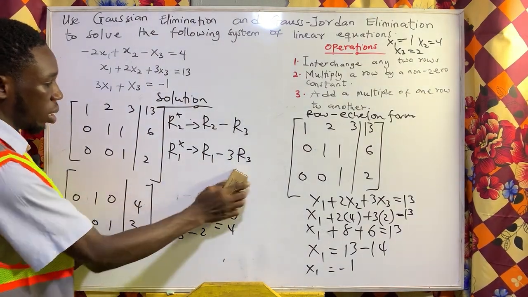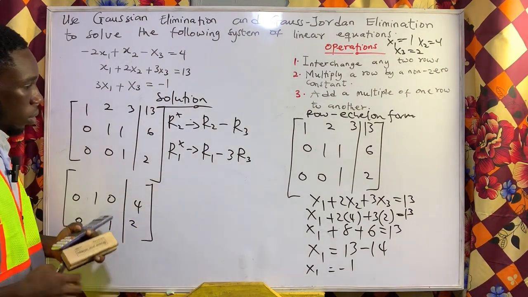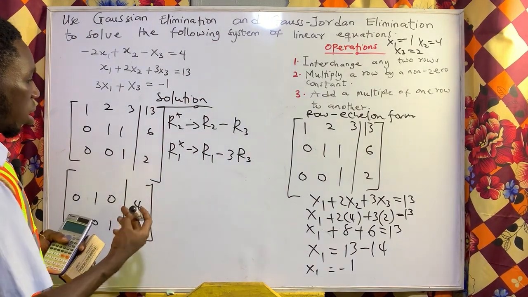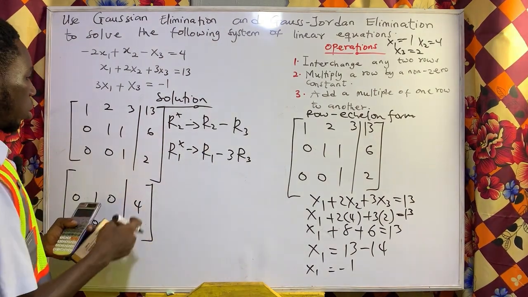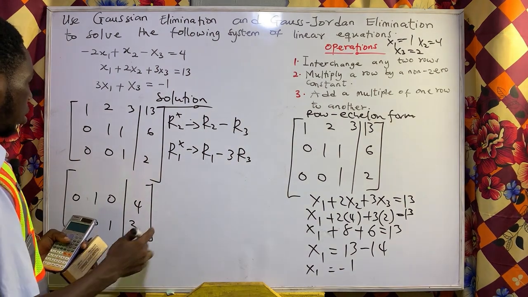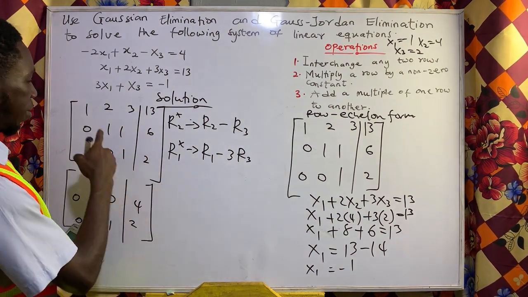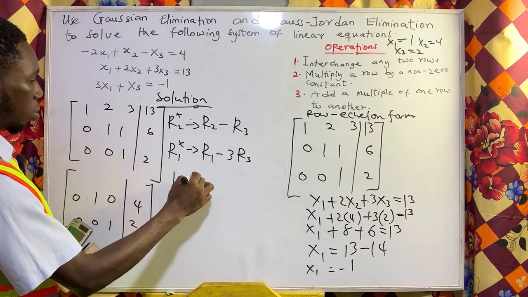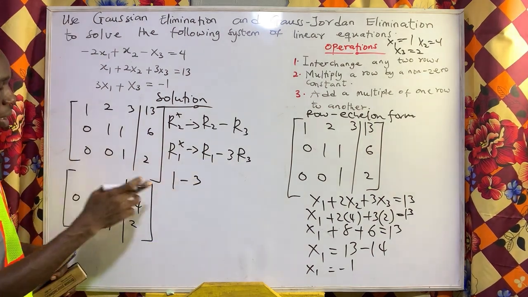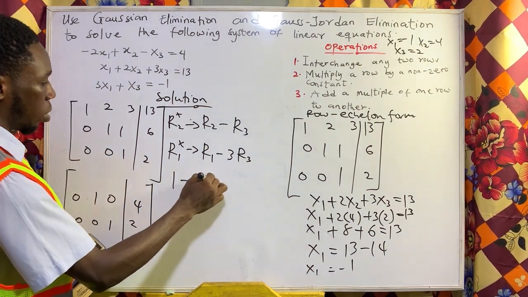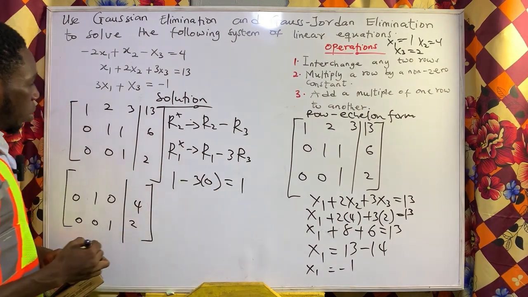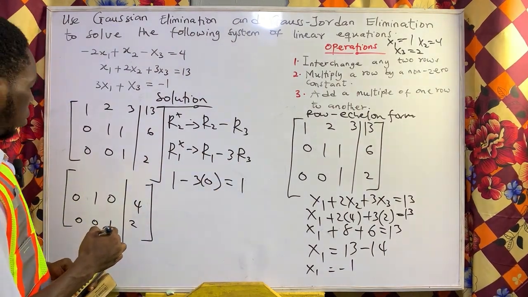Okay, so now let's look at the new row 1. For row 1, we said row 1 minus 3 times row 3, right? So the first value is 1 minus 3 times the row 3 value, which is 0. So this will still give us 1.